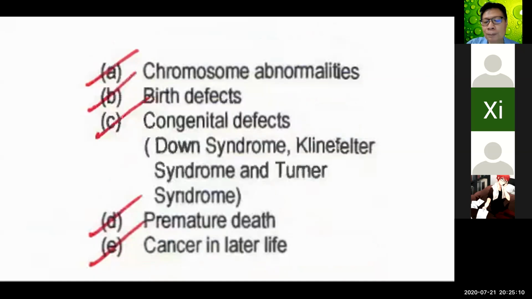Last year SBM came out, they asked a genetic effect objective question. I want you to memorize it now. I give you a little bit of time. You go and memorize.